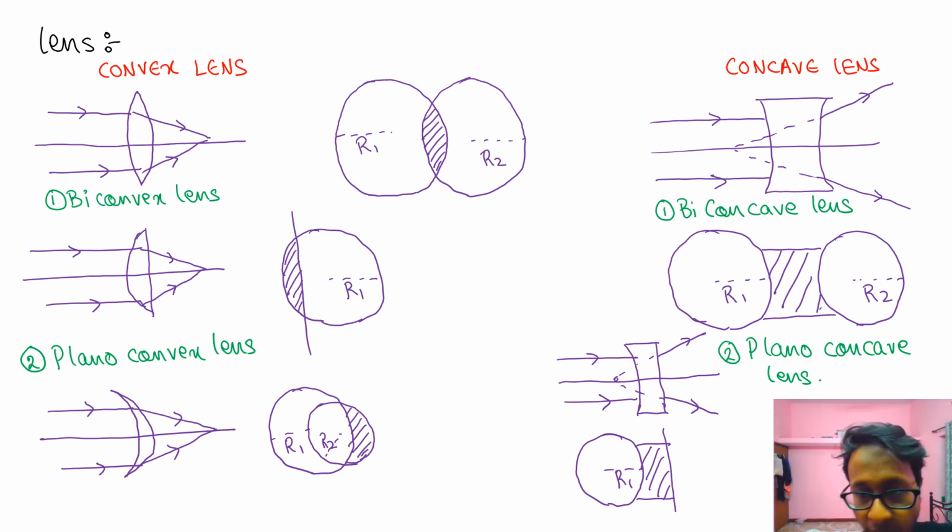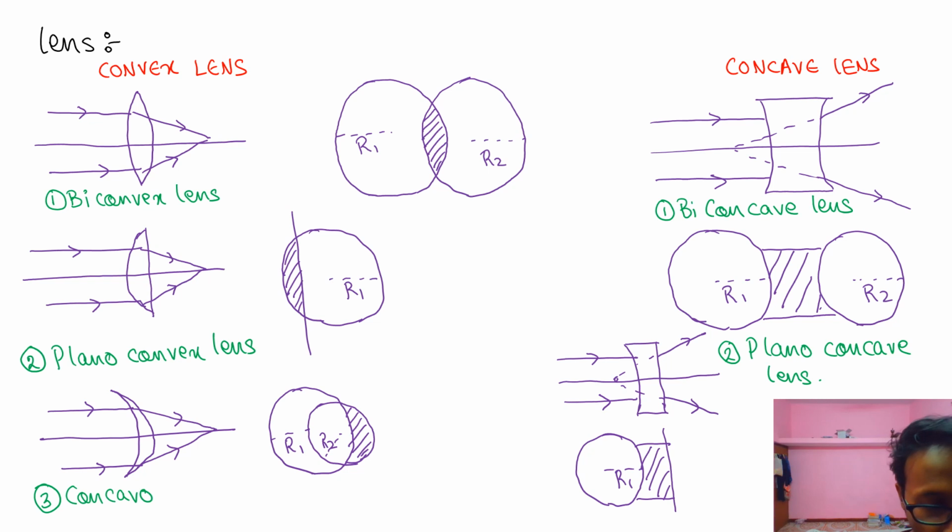For the concave counterpart, I'll draw in the next page. So this kind of lens out here is called a concavo-convex lens.